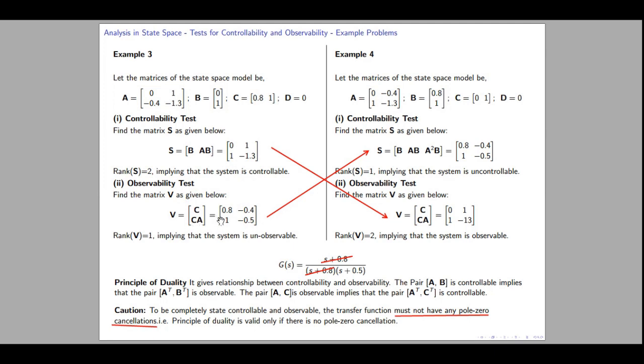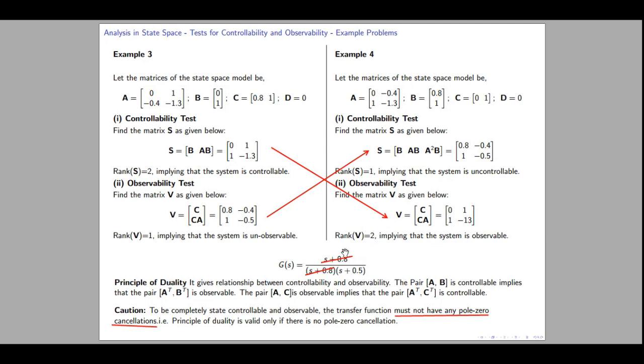This is a rank deficient matrix, and the rank will be 1. That means the system is unobservable. This is a bit contradicting, right? Similarly, when I wrote it in OCF, the controllability test failed, but the observability test passed. You can verify these results.